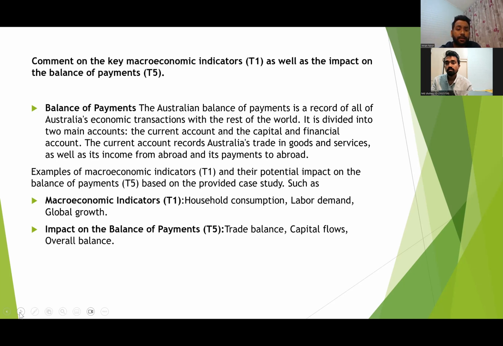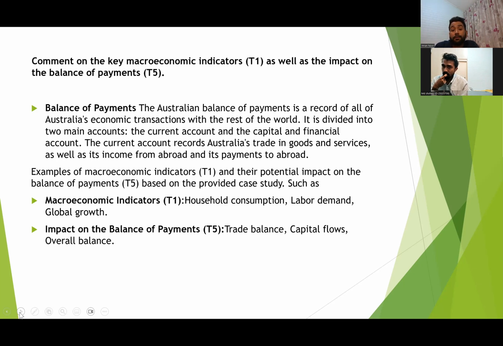Here we can see macroeconomic indicators, where it's household consumption level demand, where we can see the slowdown in consumption growth due to high inflation and rising interest rates could negatively impact the balance of payment by reducing import demand.